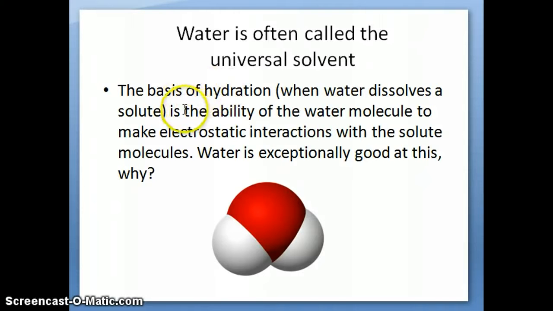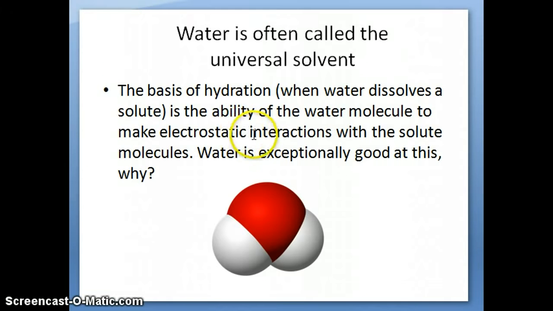Well, first off, you have to understand that when water dissolves a solute, the water molecule basically makes electrostatic interactions, and remember what electrostatic interactions are. They are interactions made by charged particles, so things that have positives and negatives on them.